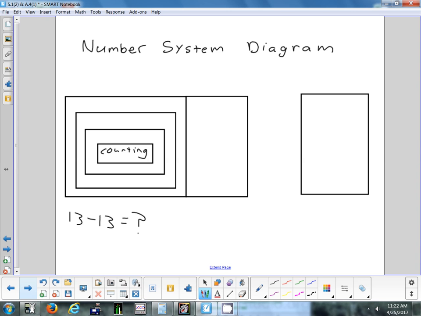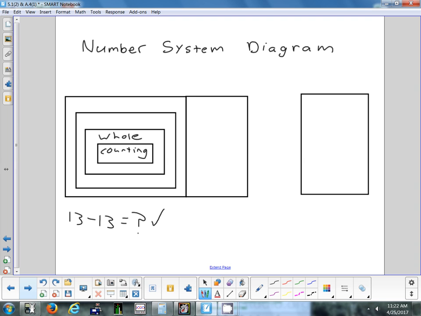Okay. So Jamel already said the name of that next set. The next set of numbers is called whole numbers. And the only difference between whole numbers and counting numbers is whole numbers have 0, counting numbers don't. So now we could answer that question. We could do 13 minus 13, and we know what to call it, because we have a name.